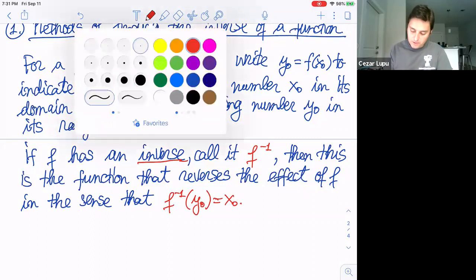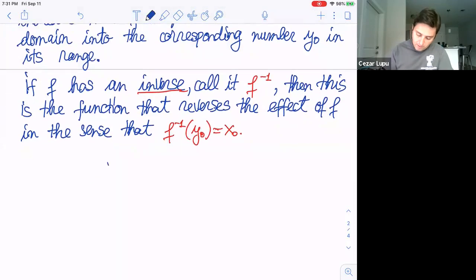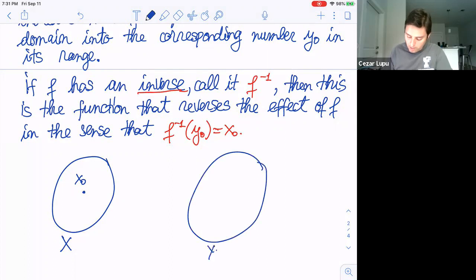And now let's draw a picture so that things will be a little bit clearer. So let me just be here. This is the domain x. And let me say that I have a point here in the domain. And let's say this is the range. This is y, which is the range. This is the domain, right?